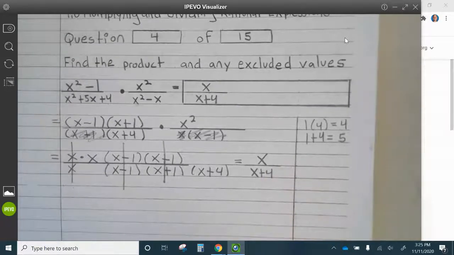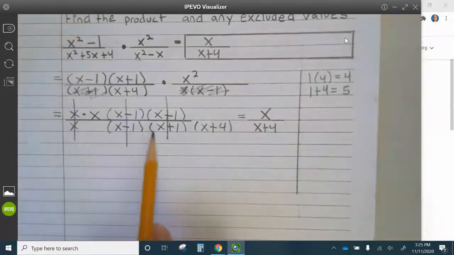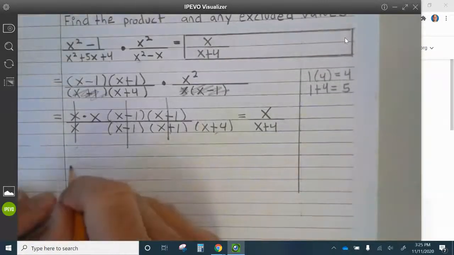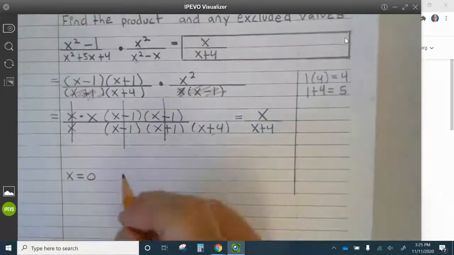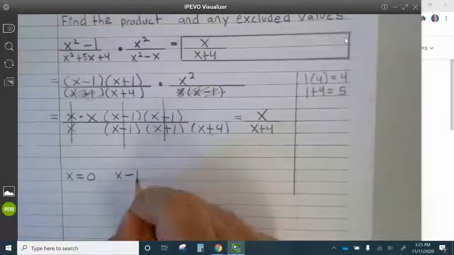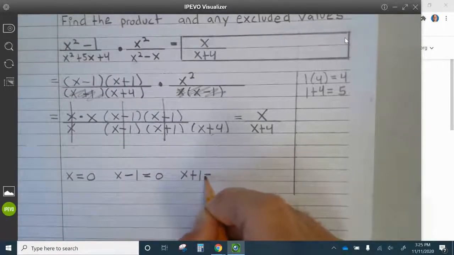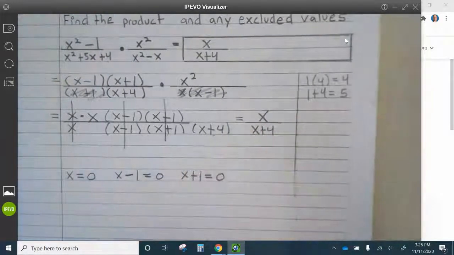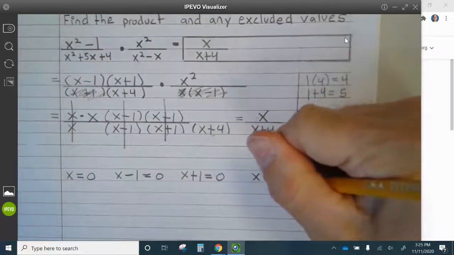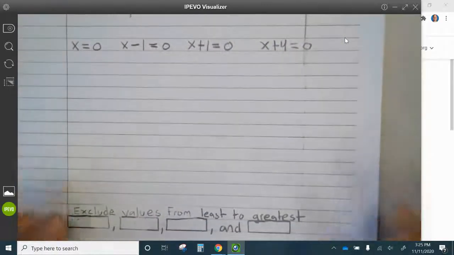Okay. All right, so now we need to set all of the denominators equal to 0 for the excluded values. So x equals 0, x minus 1 equal to 0, x plus 1 equal to 0, and x plus 4 equal to 0. Okay.